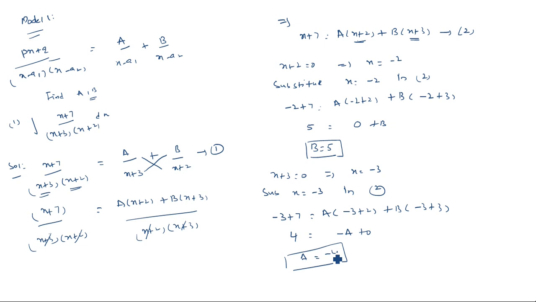Substitute a and b in 1. So we get that (x plus 7) by (x plus 3) into (x plus 2) can be written as, a value, that is minus 4 by (x plus 3), and b value 5 by (x plus 2).